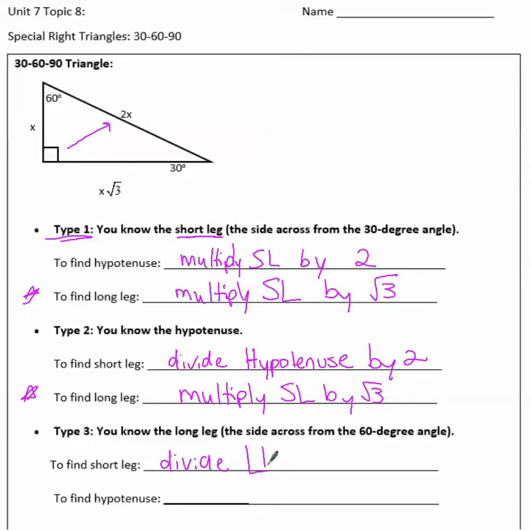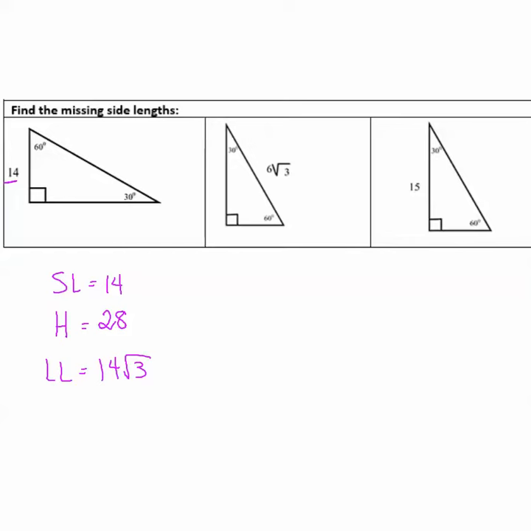In example 2, we know the hypotenuse. That is case or type 2. Remember, if you know the hypotenuse or the long leg, your first goal is to find the short leg. That's the one that makes everything a lot easier.